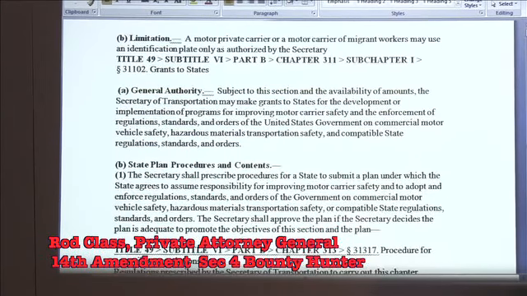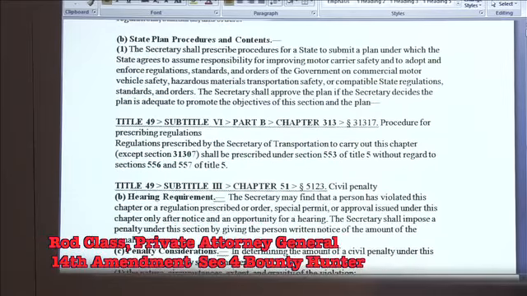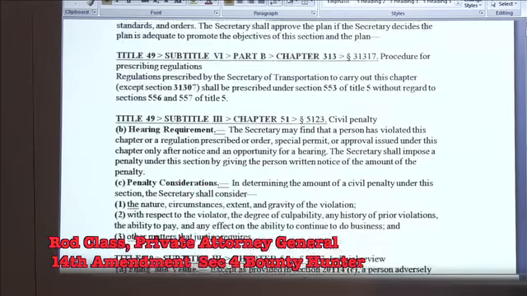These are all of their laws. These are all of their regulations.